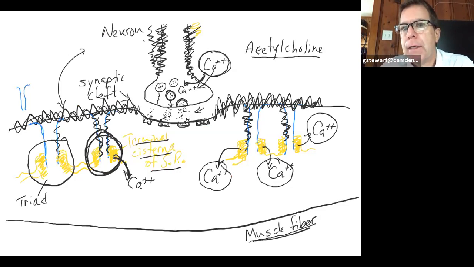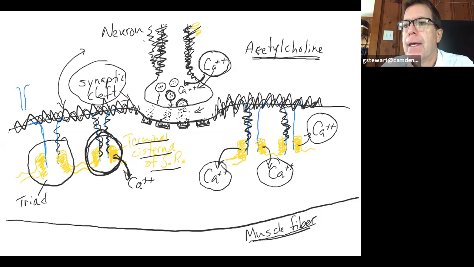That acetylcholine diffuses across this space, the synaptic cleft, and it binds to receptors on the motor end plate of the muscle fiber. When acetylcholine binds to receptors on the motor end plate, it initiates an action potential along the sarcolemma of the muscle fiber.